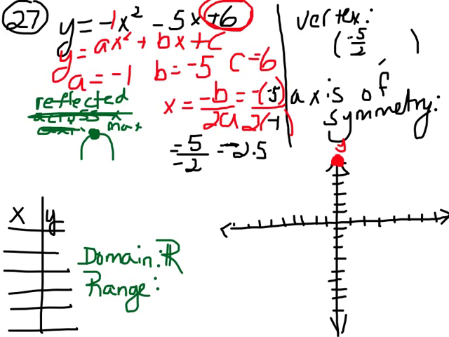And once I do that, I can hit second graph and go back to my table. I'm sorry, I'm supposed to be looking for -2.5. I'm not awake yet. So on my calculator, I can back up to -2.5, and I'll see that I should have 12.25 here.